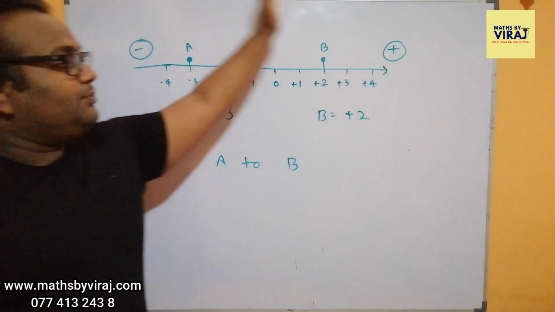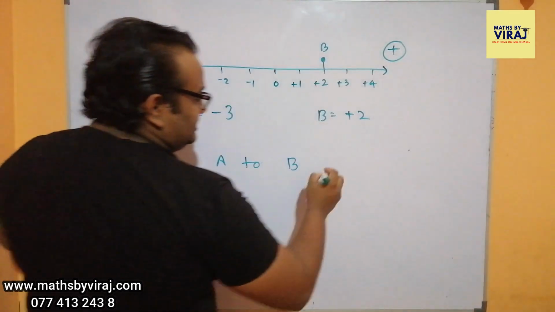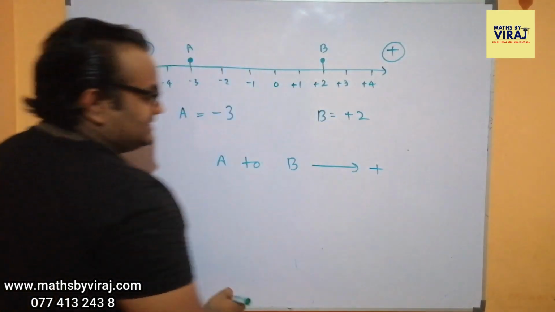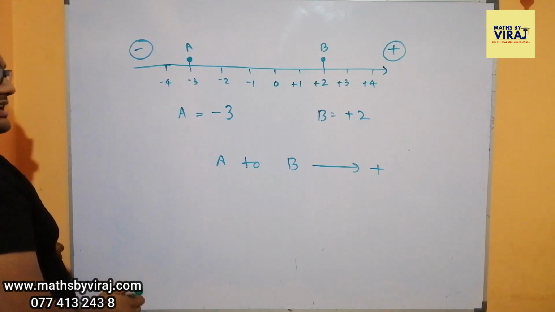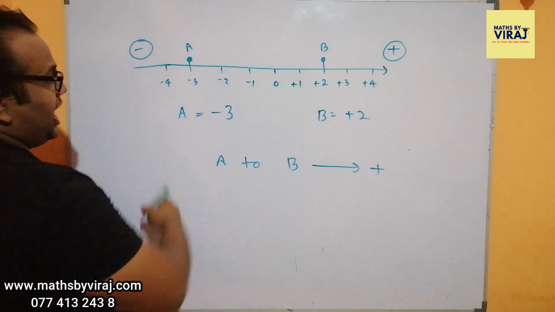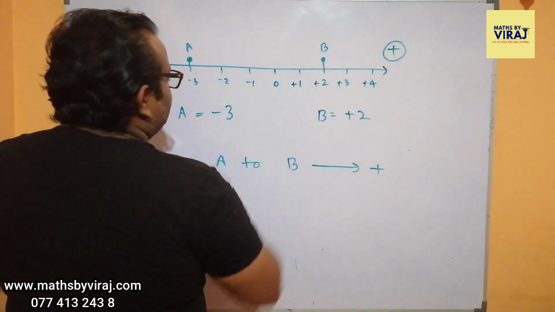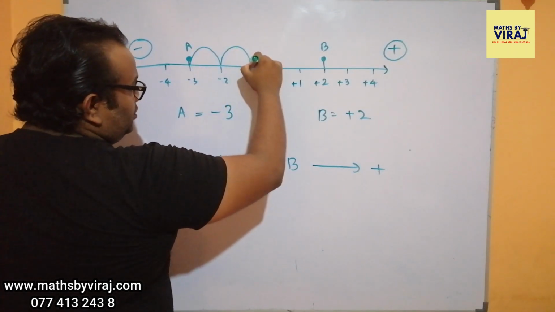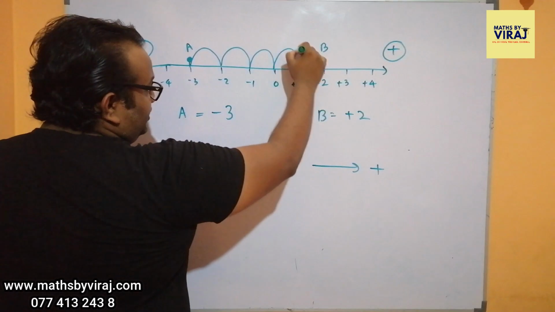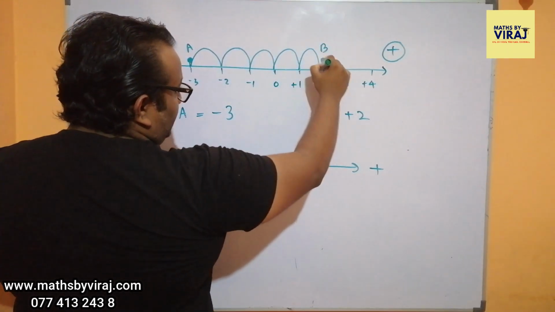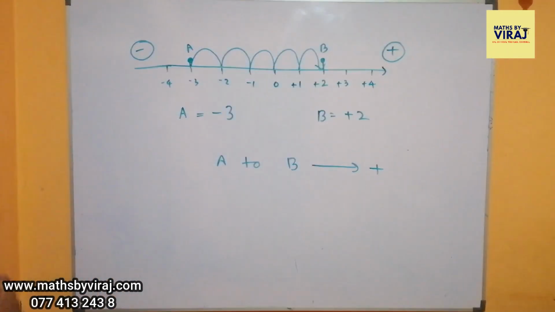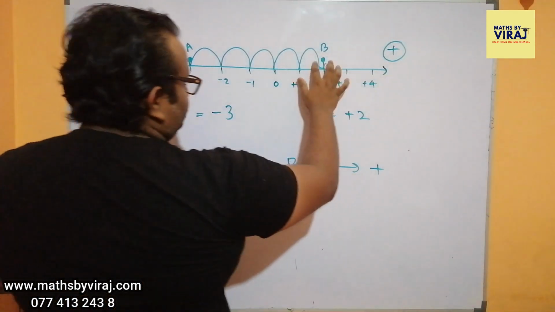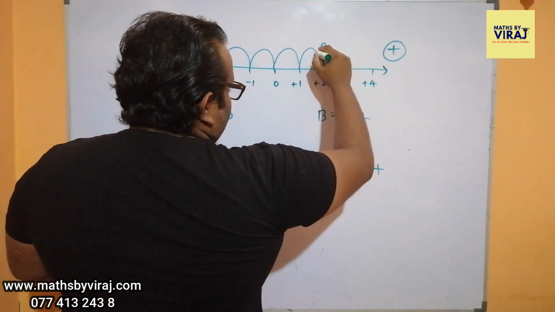So from A to B I should move towards the positive side. How many times should I move? Right. 1, 2, 3, 4, 5. Up to here. 5.